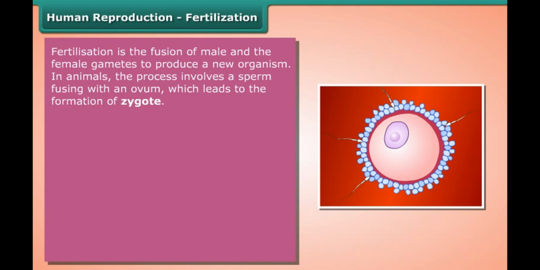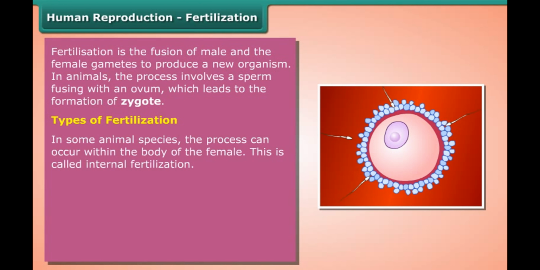Human reproduction, fertilization. Fertilization is the fusion of male and female gametes to produce a new organism. In animals, the process involves a sperm fusing with an ovum, which leads to the formation of a zygote. Types of fertilization.